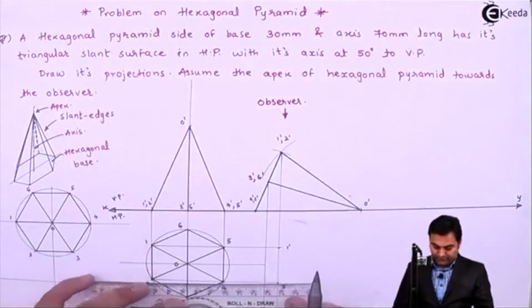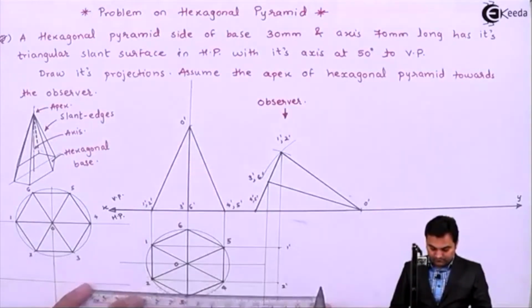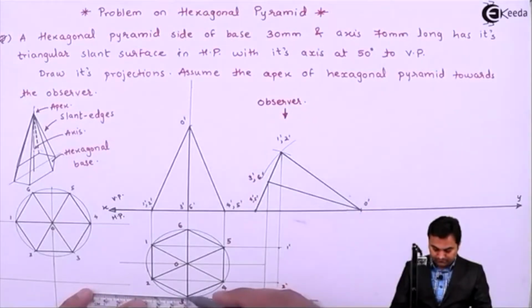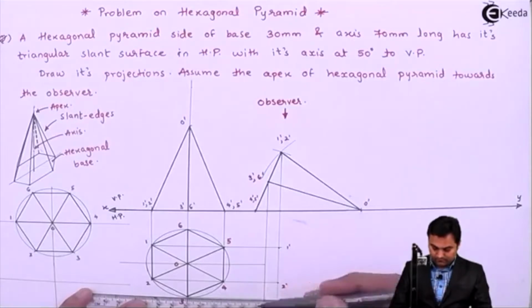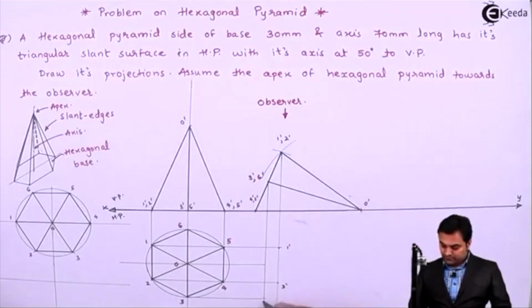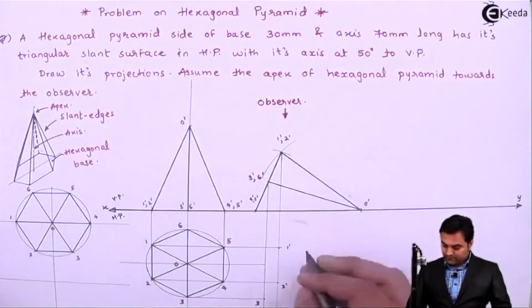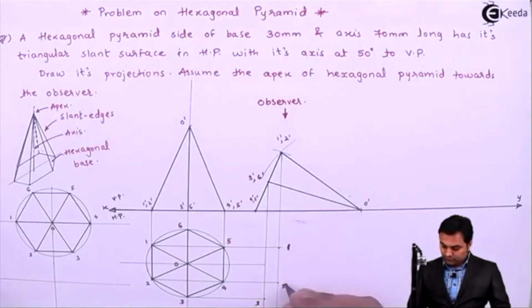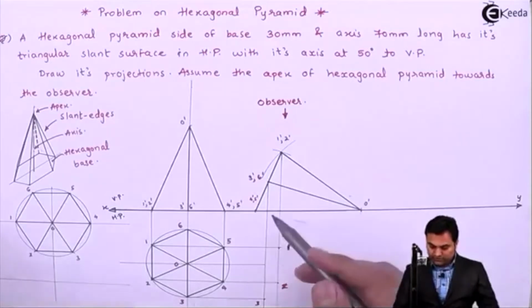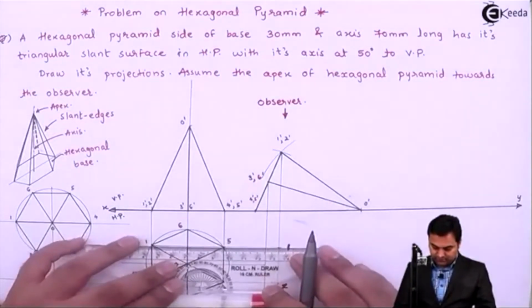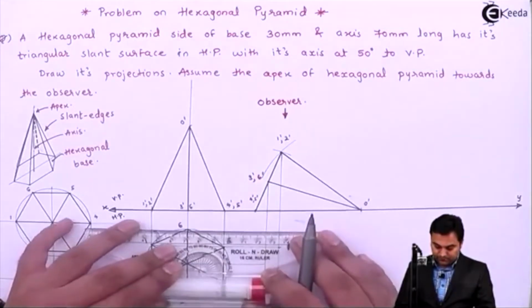Here we have point 3 in the top view. So where 3 dash and 3 intersect, that will give us point 3. Here actually this will be point 1 only, and this will be 2, not 2 dash, because it is the top view. Next for 4 and 5, here 6 also is there, so point 6 will be projected.